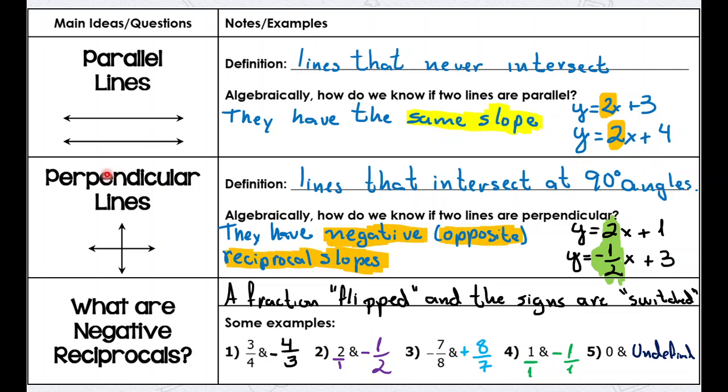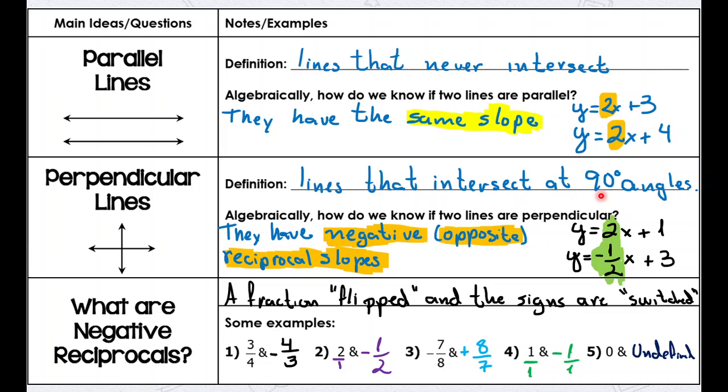And what is perpendicular, mister? Perpendicular, geometrically speaking, means lines that intersect at 90 degree angles. Do you remember, guys, when they intersect at exactly 90 degrees, those are perpendicular lines.